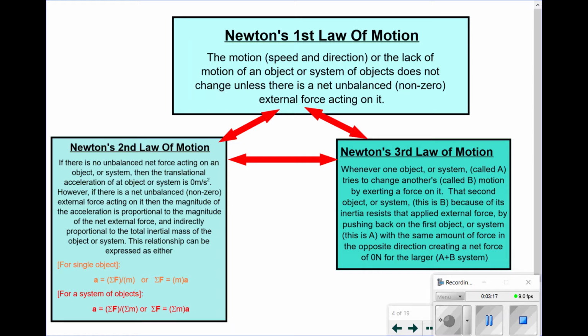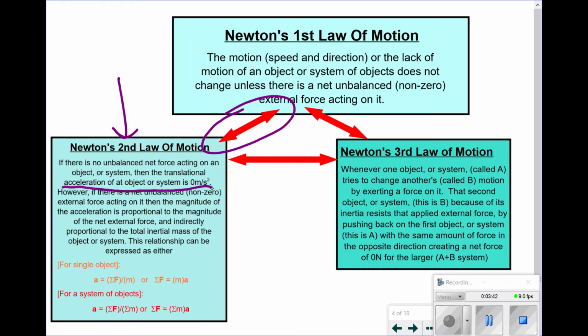Now, the second law is just a mathematical application to this. What if I have an external force? How does the motion change? That's what this is talking about. If there is no net unbalanced force acting on the object or system, then the acceleration is zero.